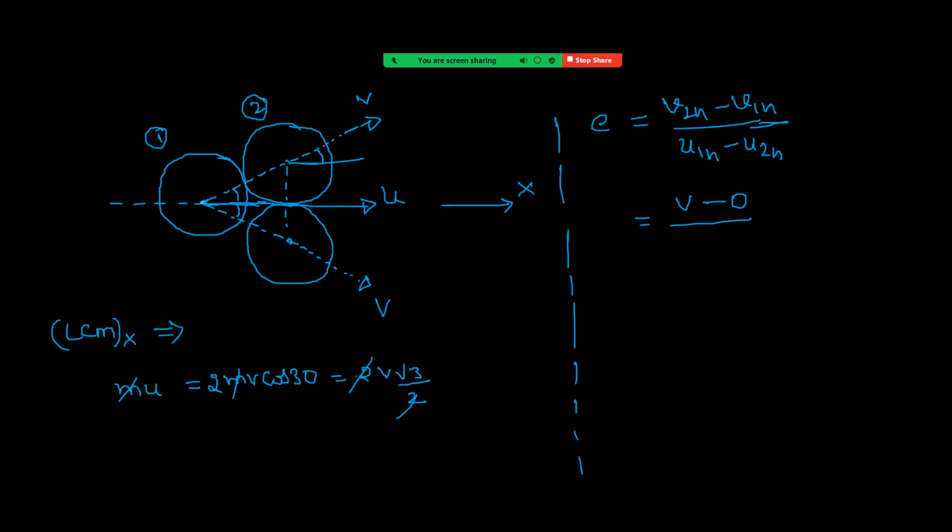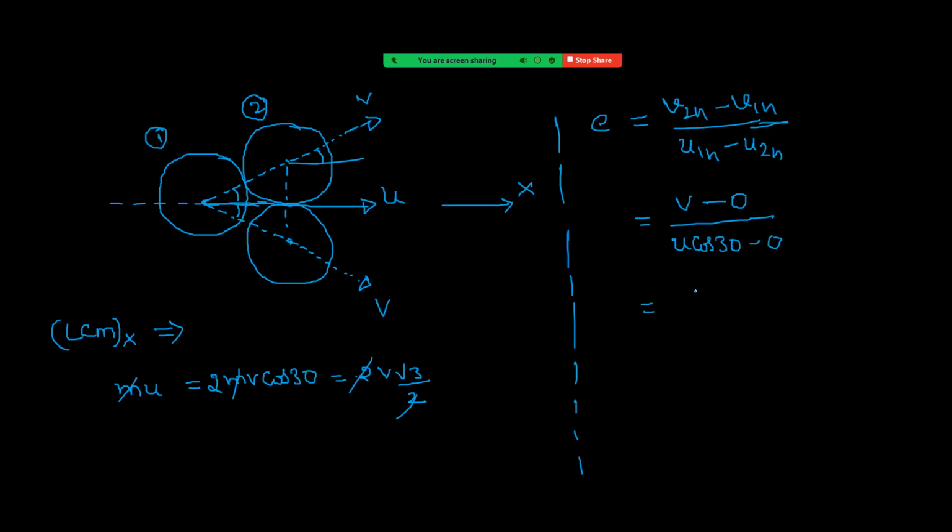Before collision, for the first body, the velocity was U along the x-axis. Take its component along the common normal. This is now 30, so cos 30. It is U cos 30 minus 0. For the second ball, before collision the velocity was 0.